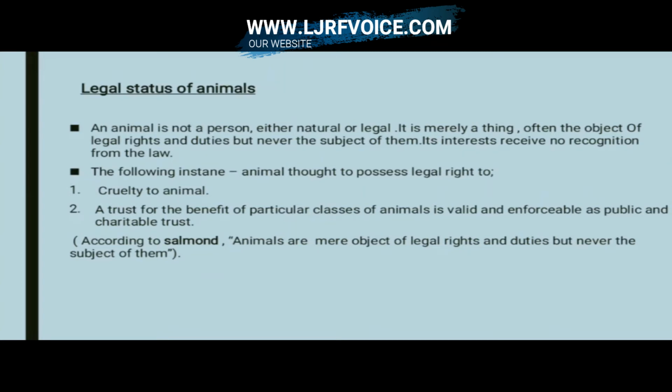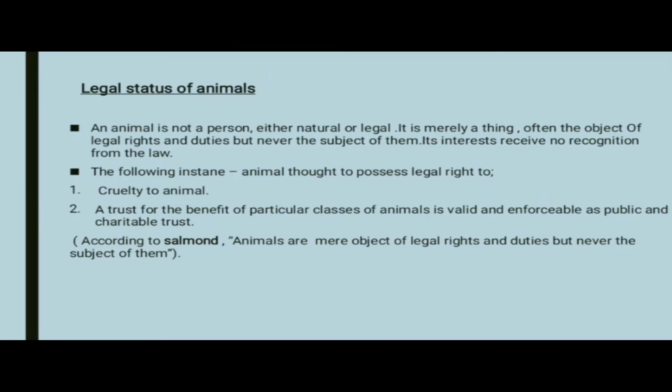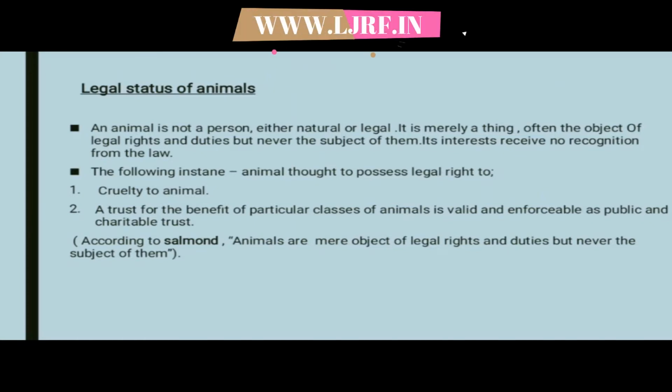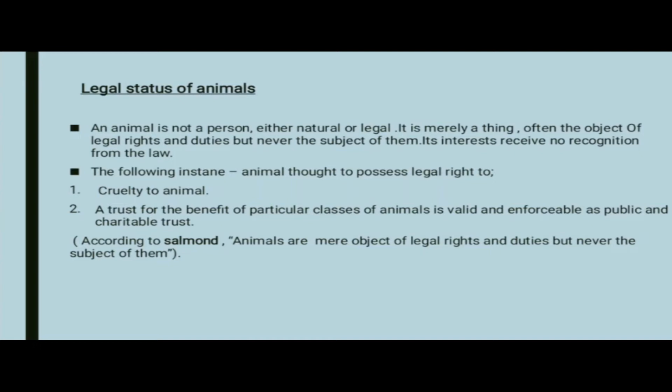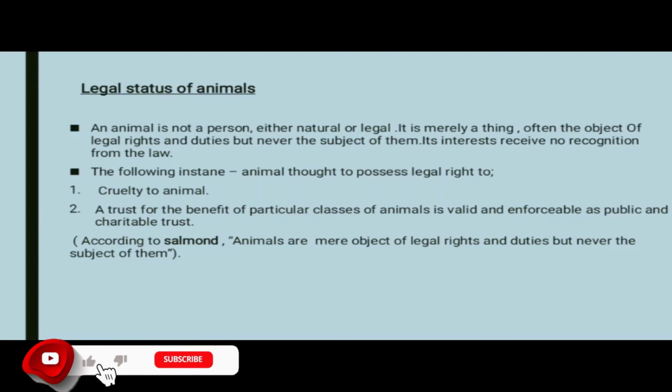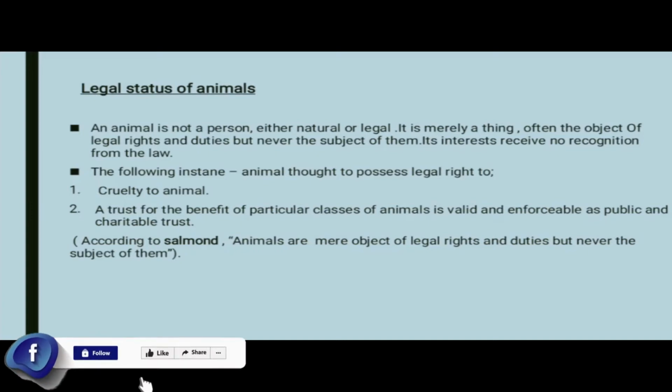Next is the legal status of an animal. According to the law, an animal is not a person, either natural or legal. It is merely a thing or an object. But in some instances, the law gives animals legal rights. The first is cruelty to animals, which is a criminal offense, and the second is that a trust for the benefit of particular classes of animals is valid and enforceable as a public and charitable trust.